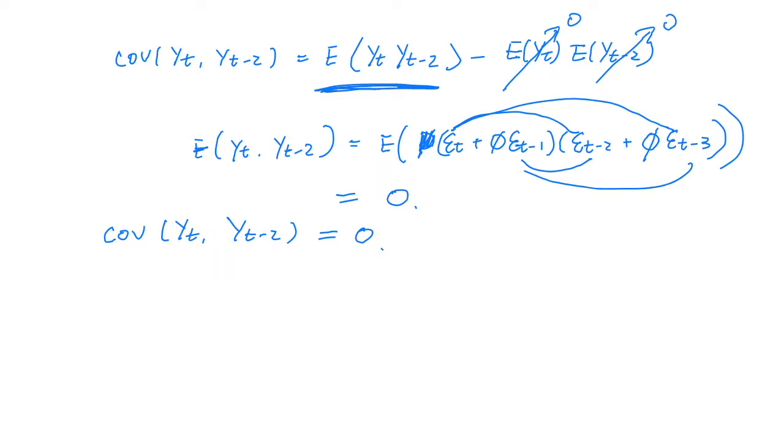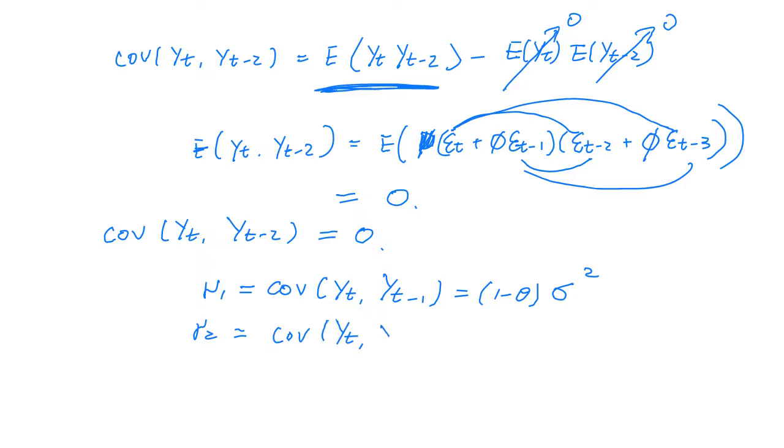So what do you have right now? Gamma 1 for the MA process, the covariance with yt minus 1, is equal to 1 minus theta. Gamma 2, the covariance with yt minus 2, is equal to 0. What is the correlation?